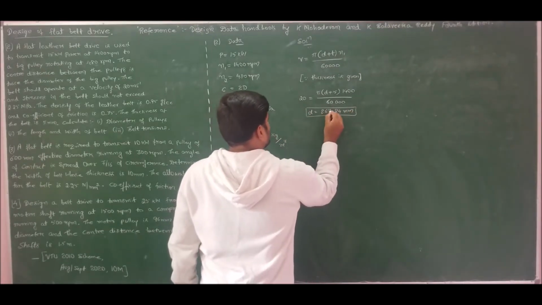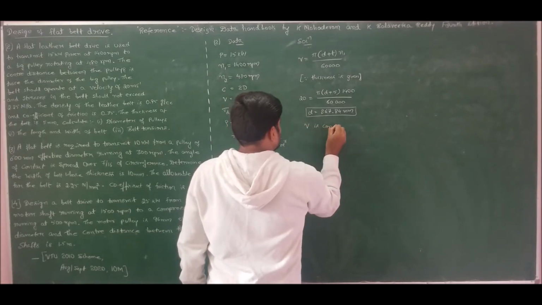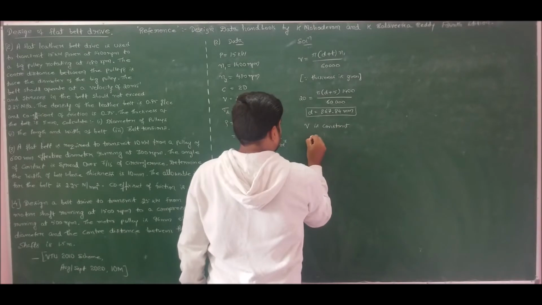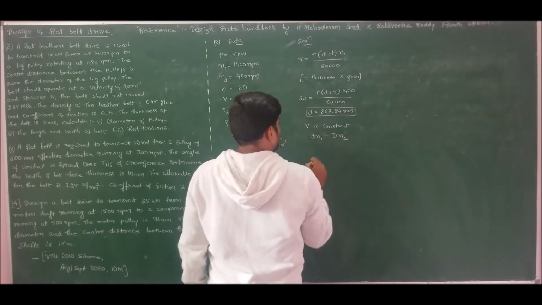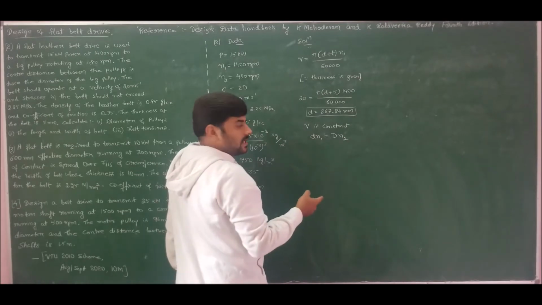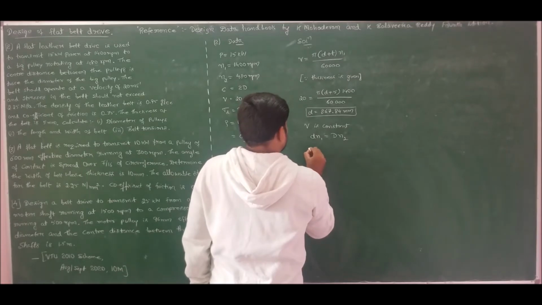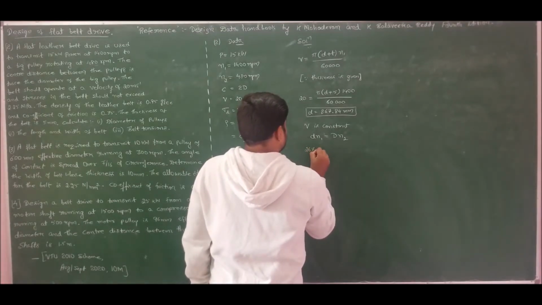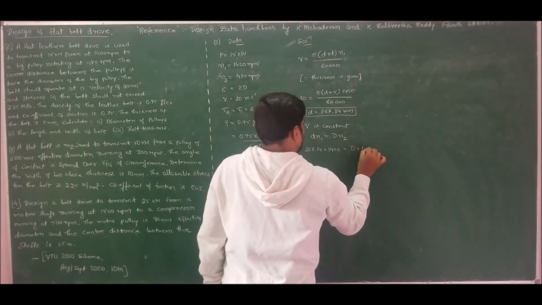Now we have to find the other pulley. We know that velocity is constant. Therefore I can write d N1 must be equal to capital D N2. If we consider thickness, it doesn't make any difference, so here I am not taking the thickness into account. If I solve, 267.84 into 1400 rpm must be equal to the diameter of the bigger pulley, which is rotating at 480 rpm.